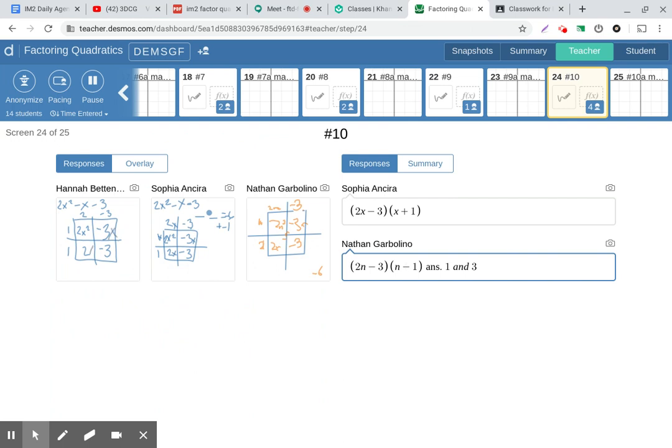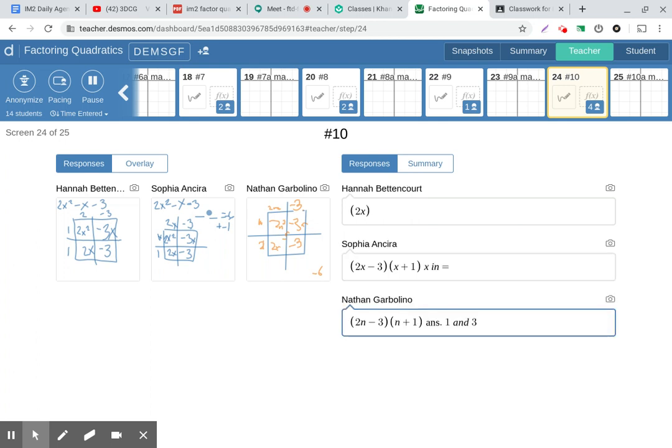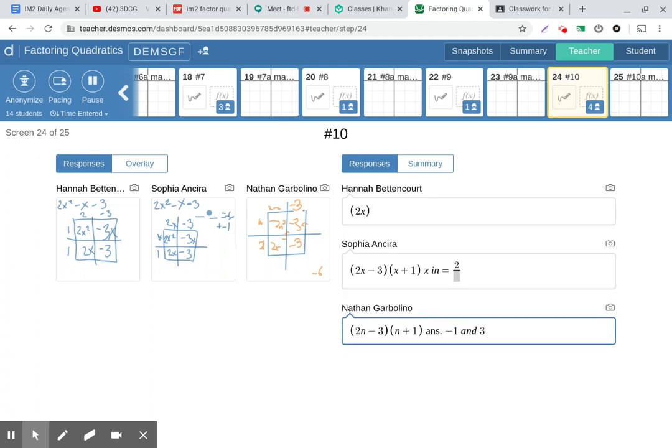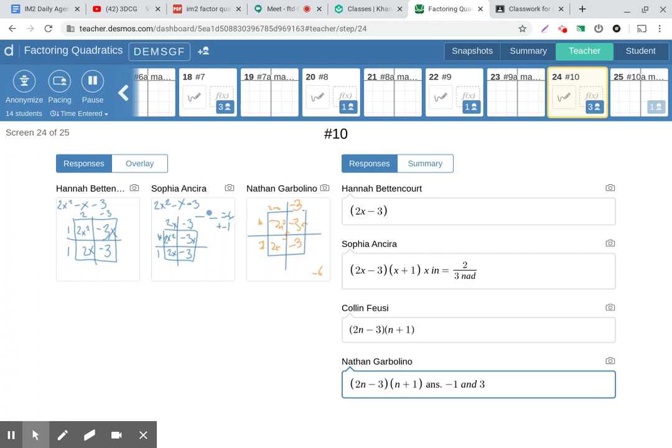It should be x plus 1 because the 1's positive. There we go. Cool. Good job, everybody. This is pretty impressive.